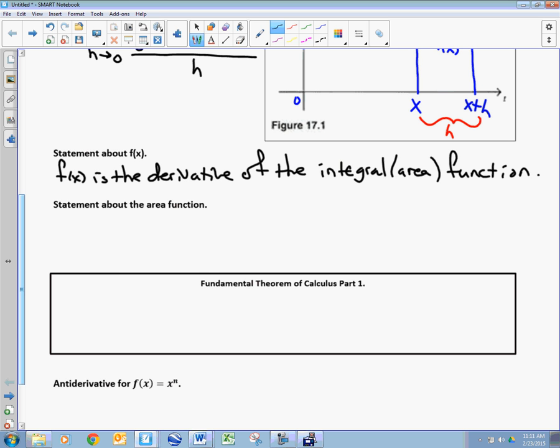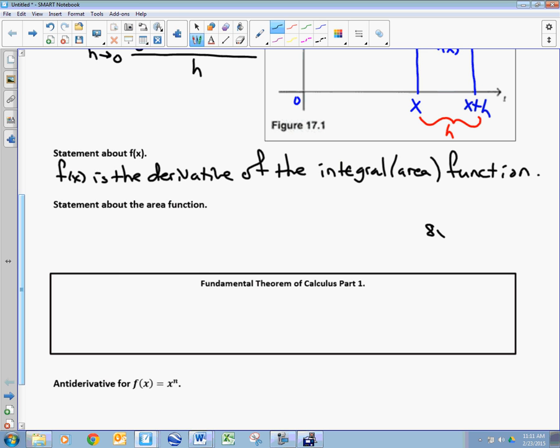So f of x is the derivative of the integral or area function. So hold on, watch this. This is the last step you have to make.